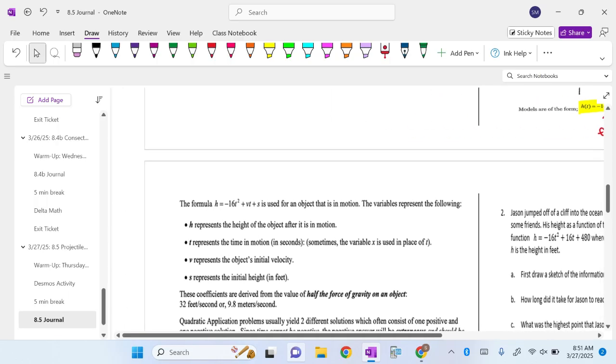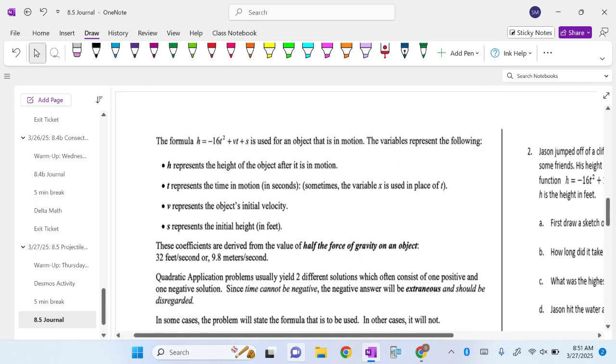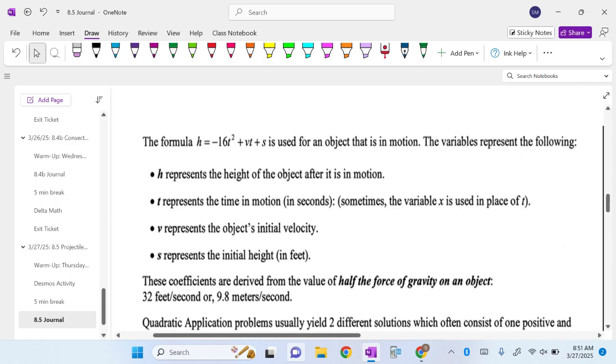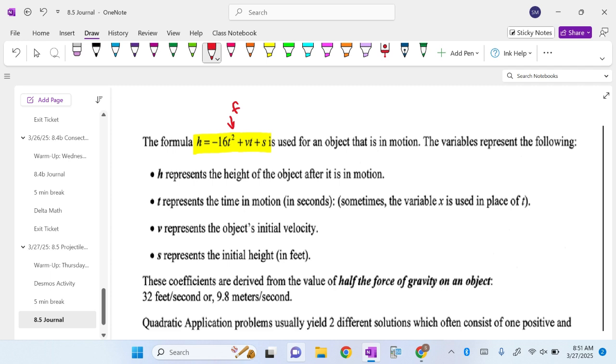Now, just so we know what these formulas represent, let's look at specifically the feet one. So this formula right here is the one for when our height is in feet. Now, let's look at the different parts of that function. The h of the function represents the height of the object after it is in motion.